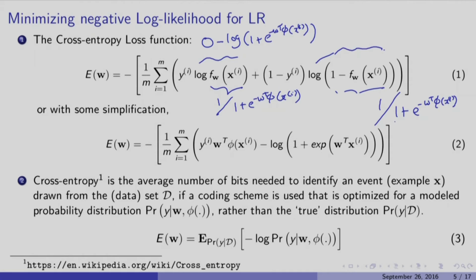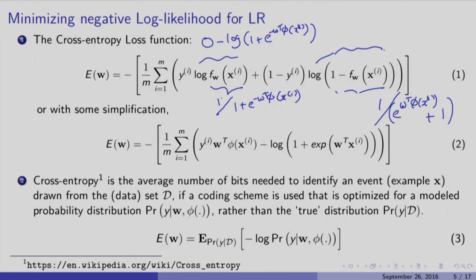So that way the numerator will become 1 and the denominator will become as follows. You will get e raised to w transpose phi xi plus 1. So note that you have actually gotten rid of the minus sign. So this is the denominator.